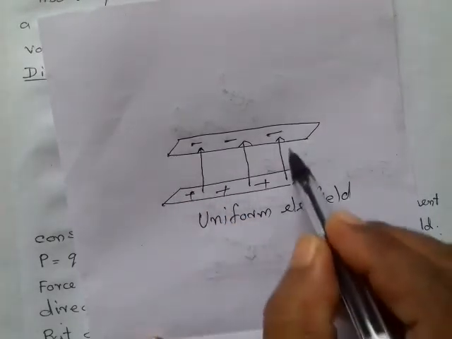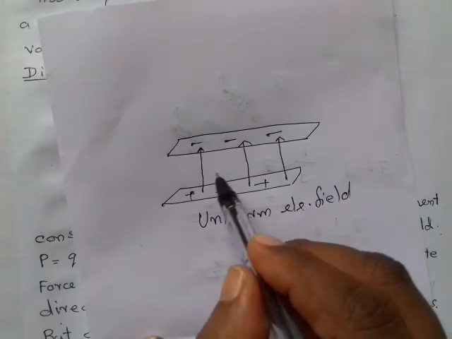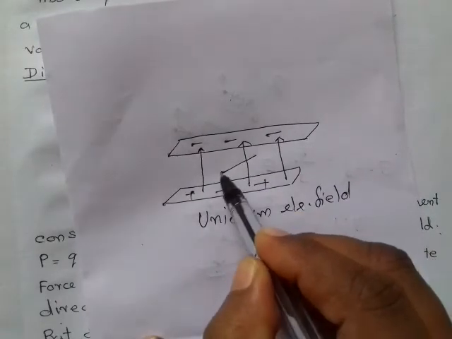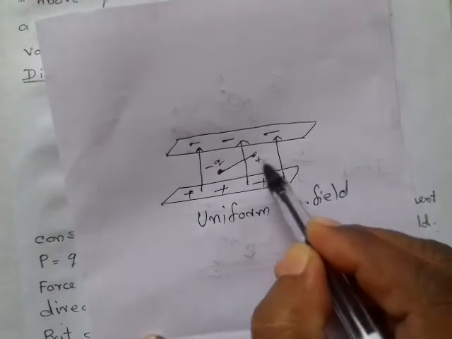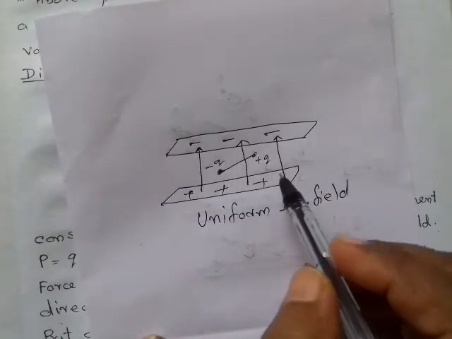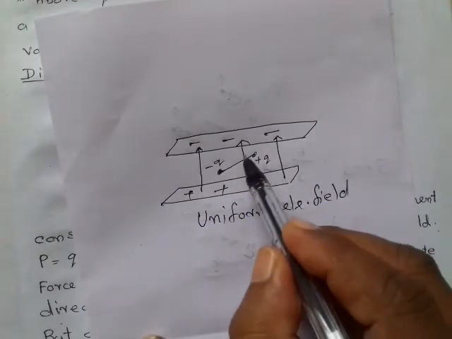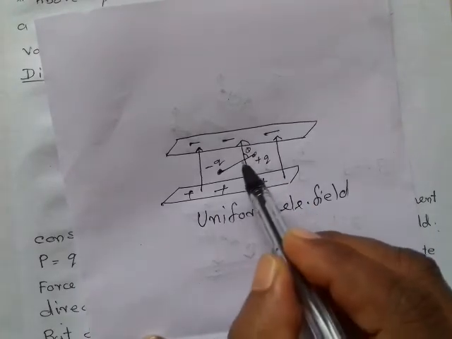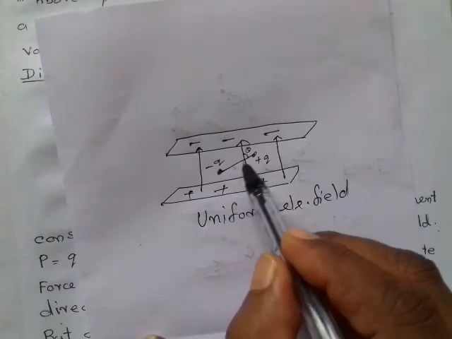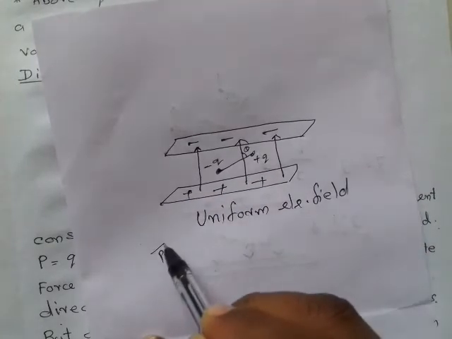This region has uniform electric field, and here we are placing a dipole. This dipole is suspended in this space somehow, so that we can see there is an angle theta here, which is the angle between vector p and the electric field. So what is vector p?